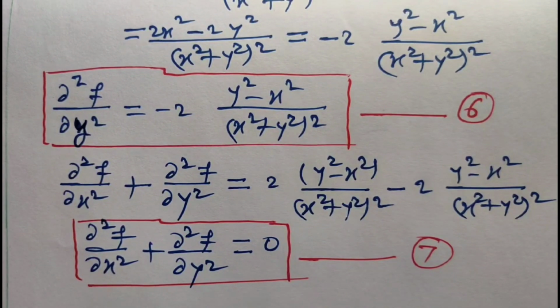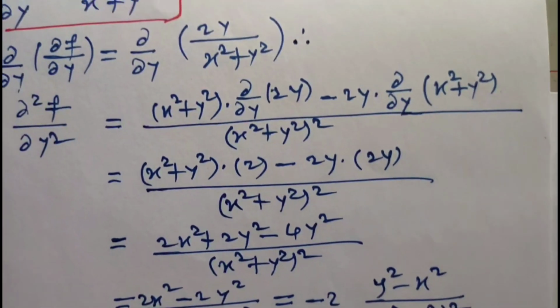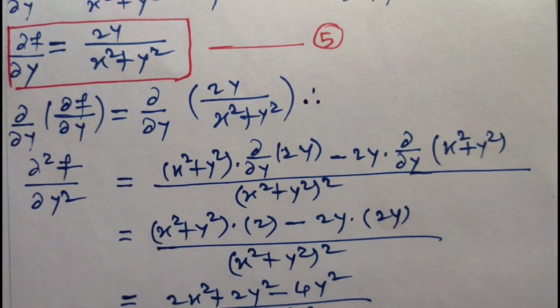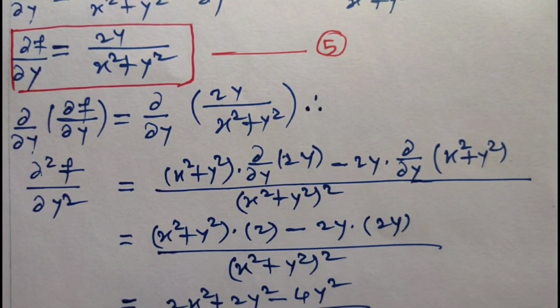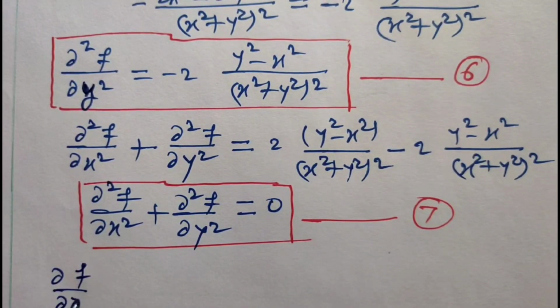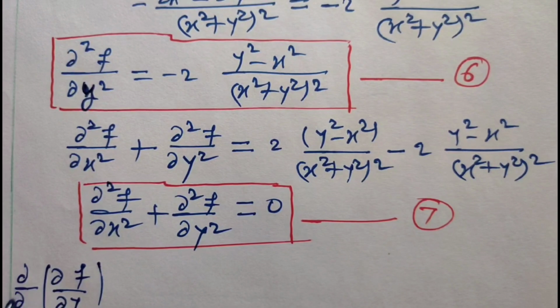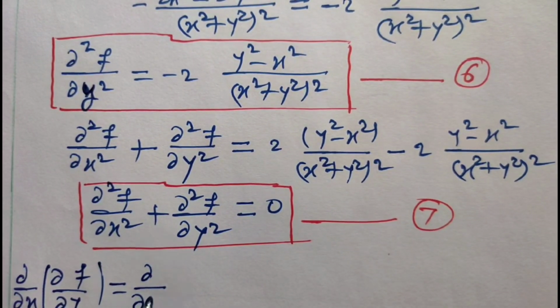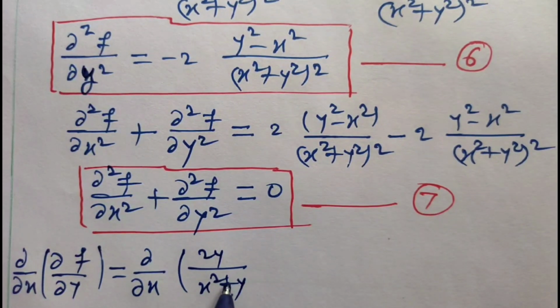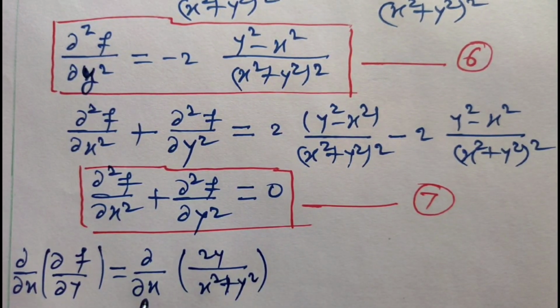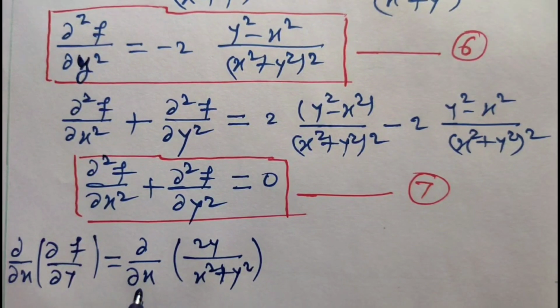Now partially differentiate result number 5 with respect to x on both sides. The partial derivative of the left hand side with respect to x is equal to the partial derivative of the right hand side with respect to x. Here we are partially differentiating with respect to x, considering y as constant, so 2y becomes constant.